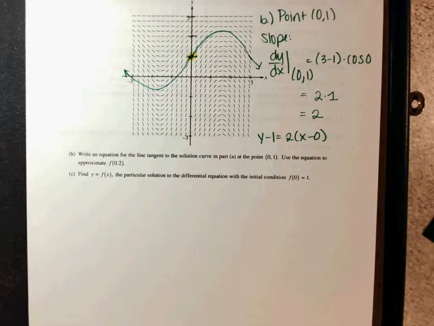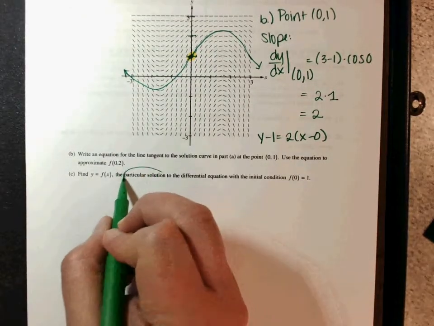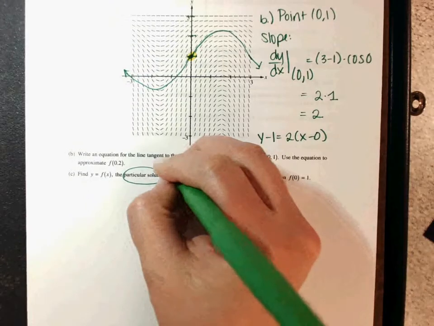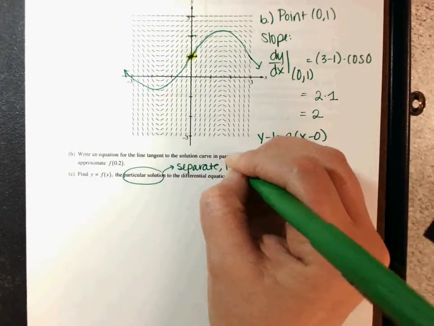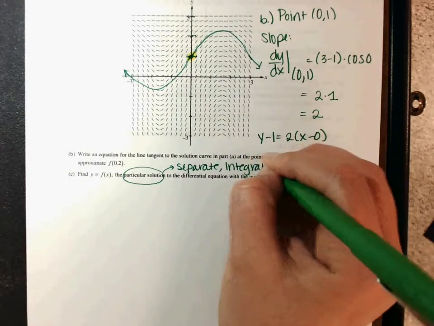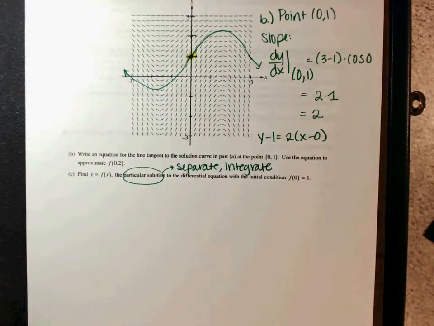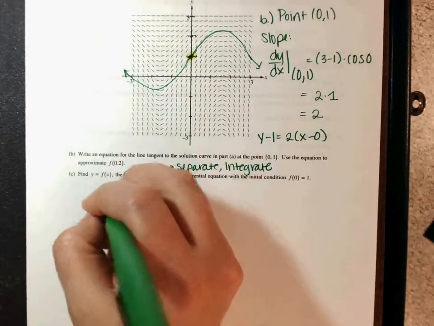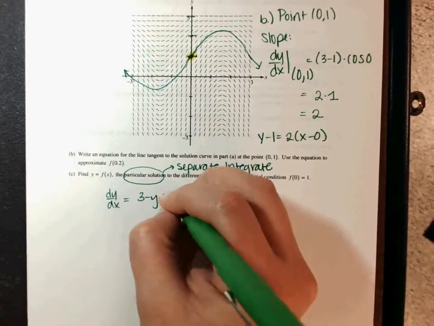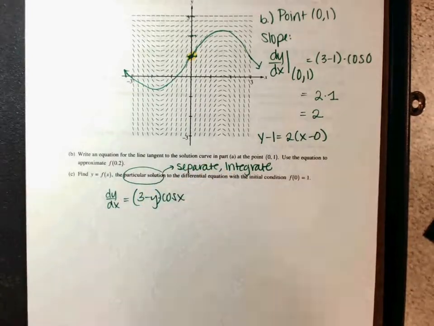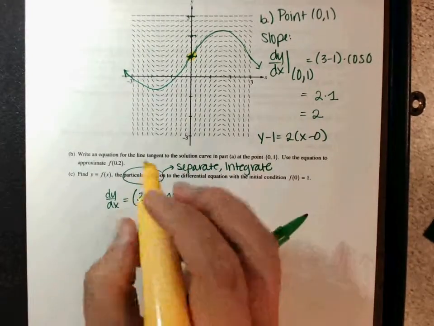Okay, from there, part C says to find a particular solution. Remember that means that you need to separate and then integrate. Okay? So, if I am separating my dy/dx, it was originally 3 minus y times cosine x. My first step is going to be to take this 3 minus y, and I'm going to divide it across to the left side.